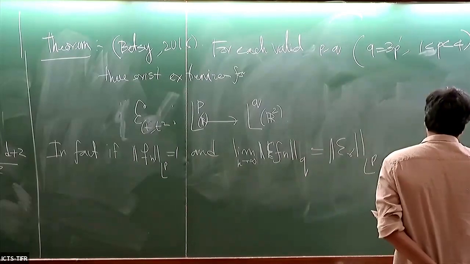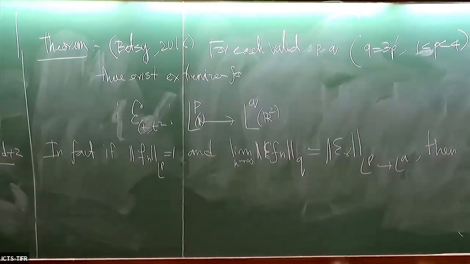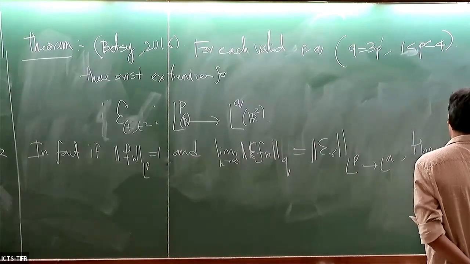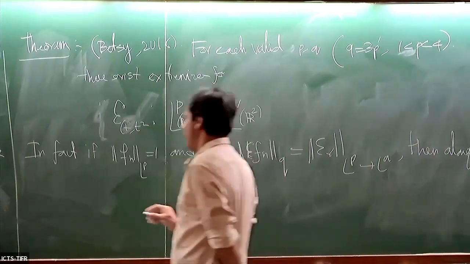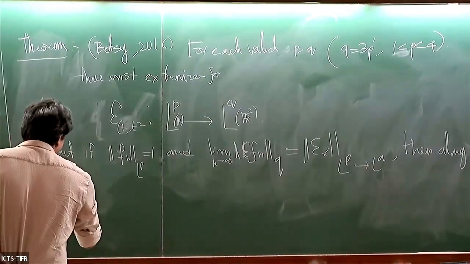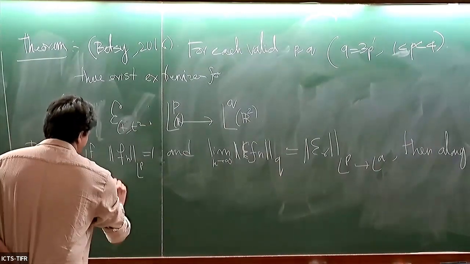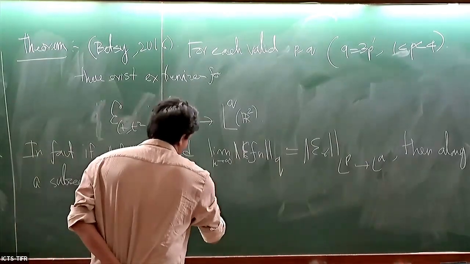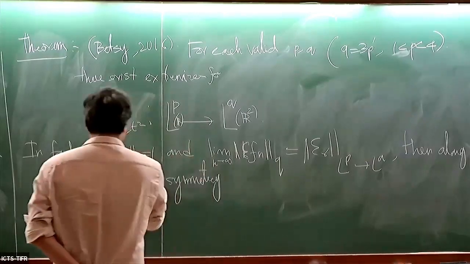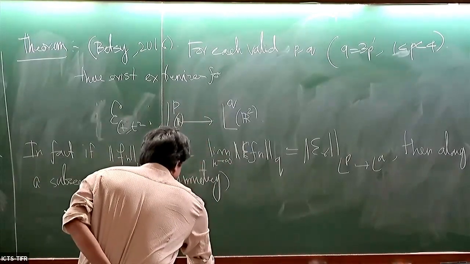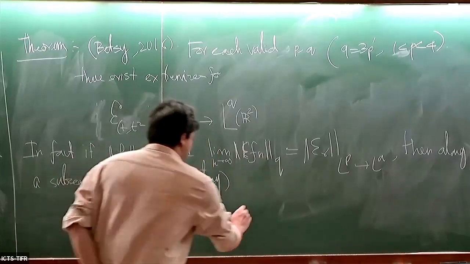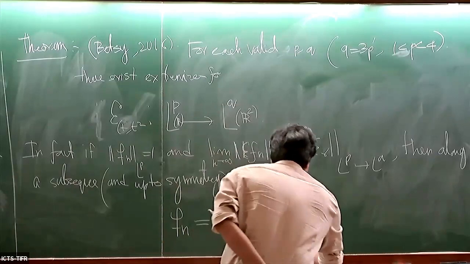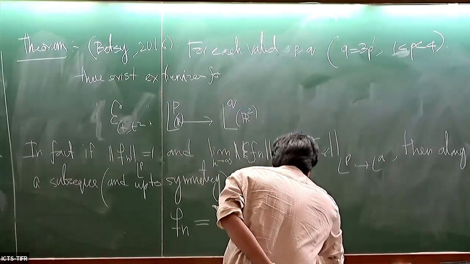then this can arise only in the simplest possible cases, only in the trivial cases, meaning along a subsequence and up to symmetry, which I'll explain, f_n looks like a fixed function f plus little o of 1.